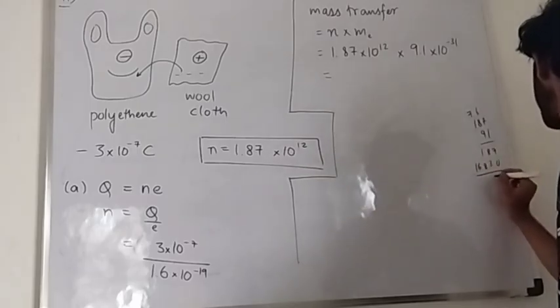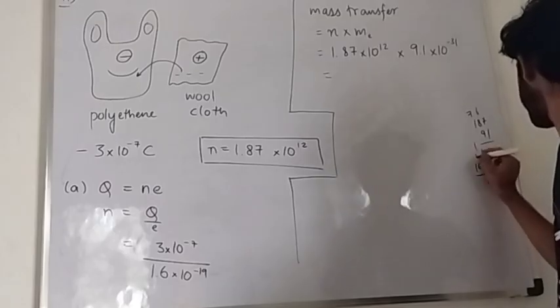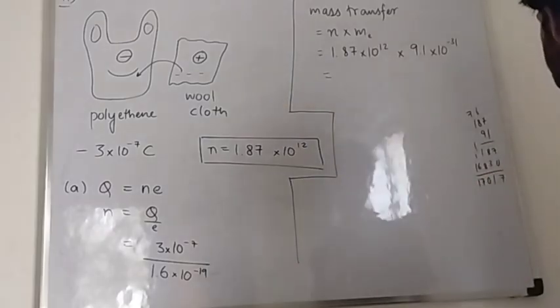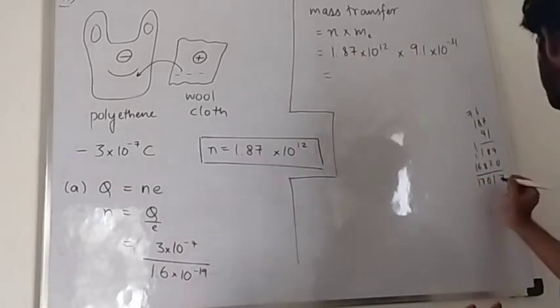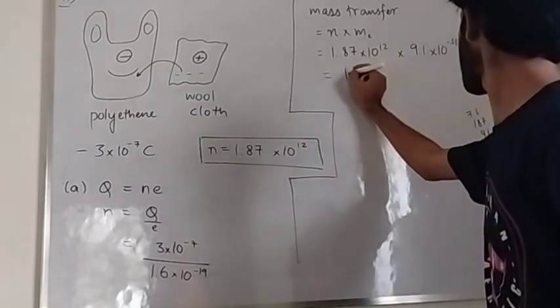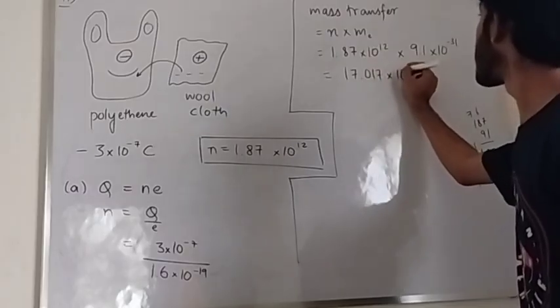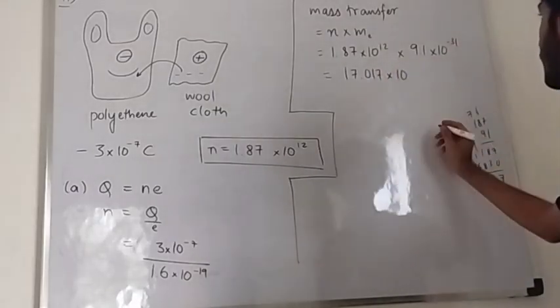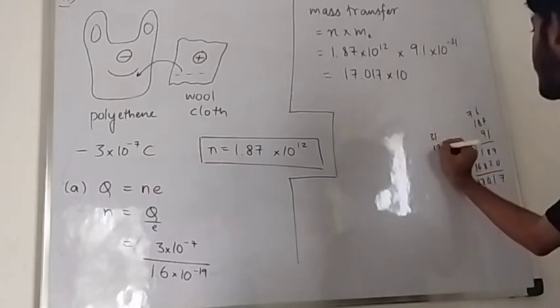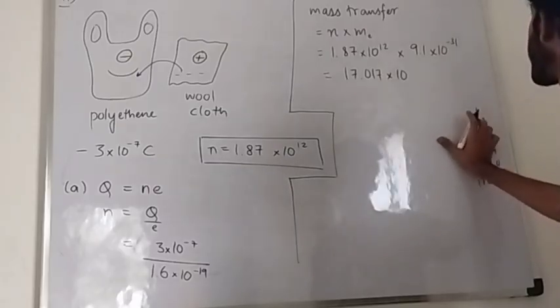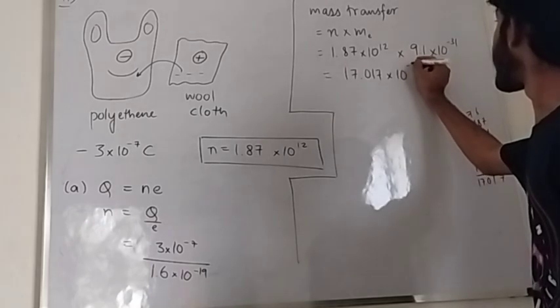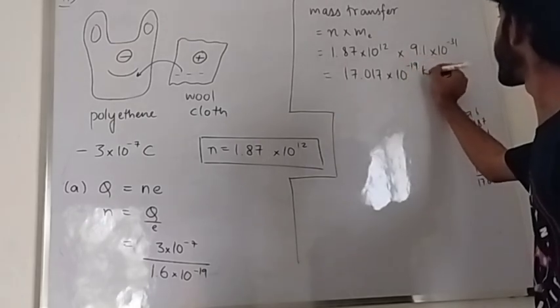So this will come out to be 17017, with two decimal places here and one here. So this will come out to be 17.017 times 10 to the power of, when we subtract 31 minus 12, minus 19 kg.